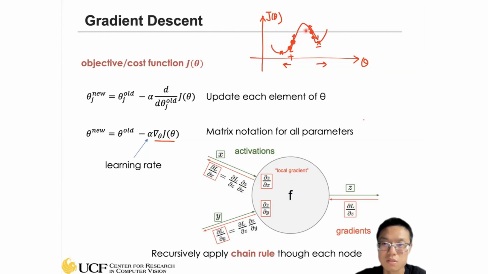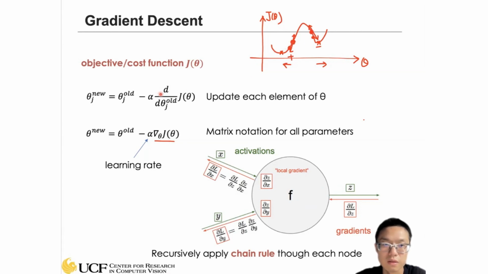And we look at the closest local minima, which is here, marked as X. The goal is to get to this local minima, because this is going to minimize the total cost function. So we're trying to go towards the left side, making theta a smaller value.